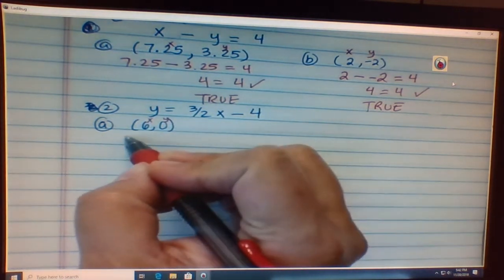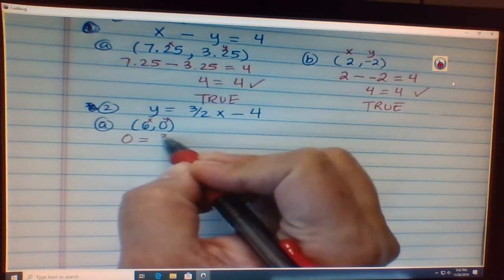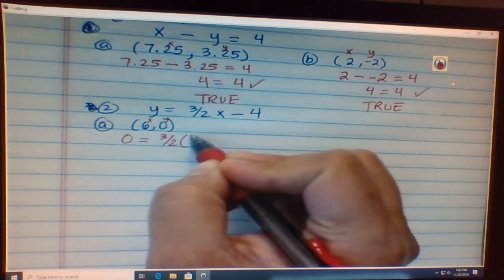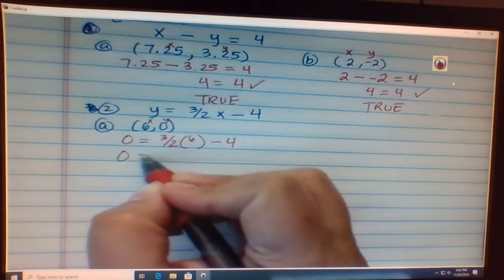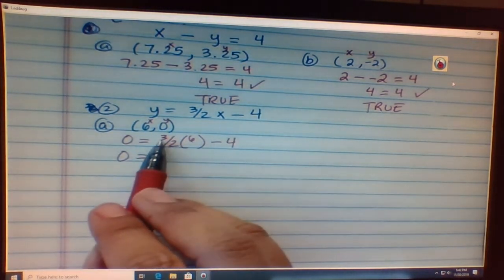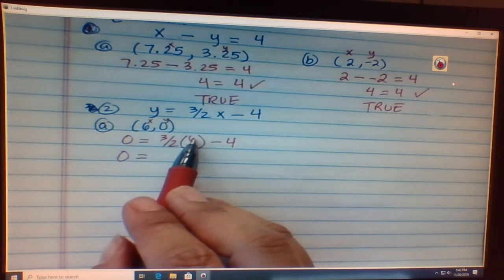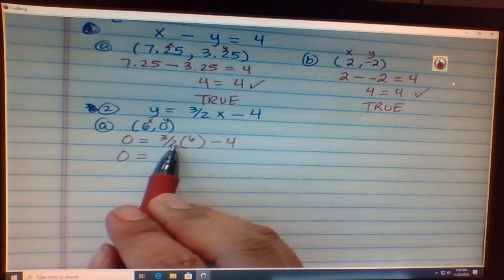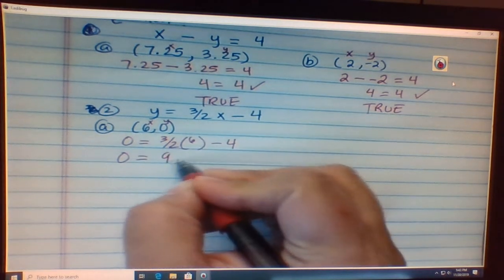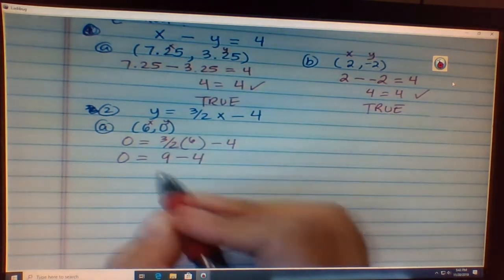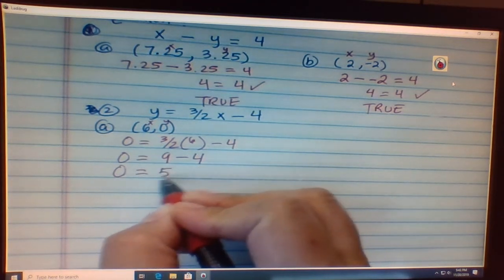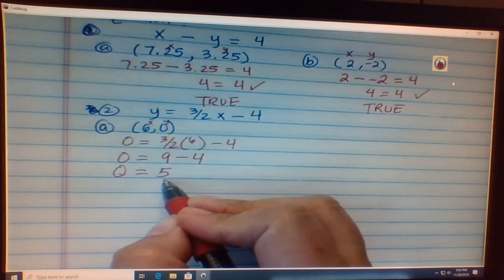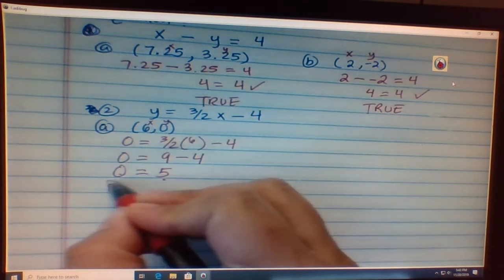So I have 0 equals 3/2 times 6 minus 4. 0 equals, what's 3 times 6? 18 divided by 2? 9, right? 9 minus 4. What's 9 minus 4? 5. Is 0 equal to 5? No. So this is false.